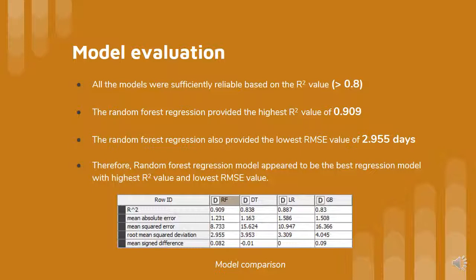And for the RMSE values, again, the random forest regression model came up with the lowest RMSE value of 2.955, followed by the linear regression model with 3.309. So we can decide that our best model for predicting the LOS would be the random forest regression model.